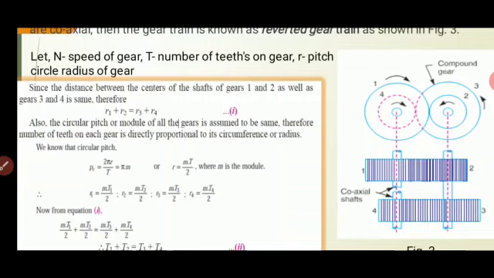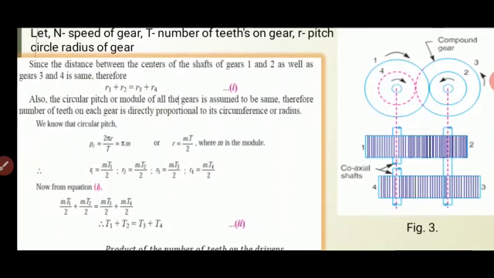Gear 3 and gear 4 are meshing, whereas shaft 1 and the third shaft, where gear 4 is mounted, are coaxial, but they are two different shafts. We can see that the direction of rotation of shaft 1 and shaft 4 is the same, and both axes are coincident or coaxial.